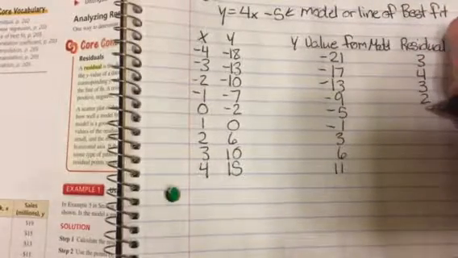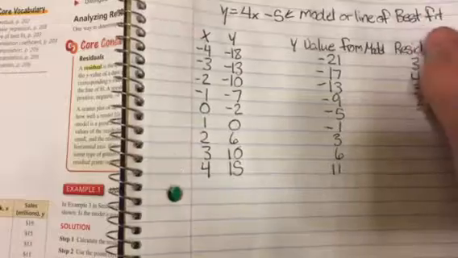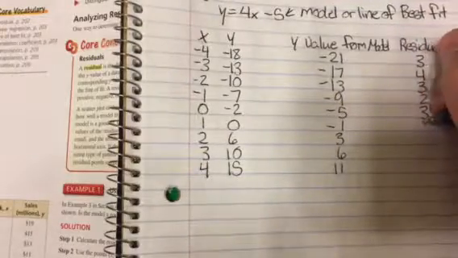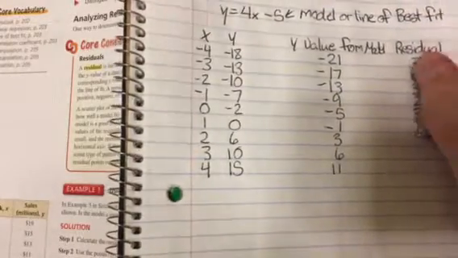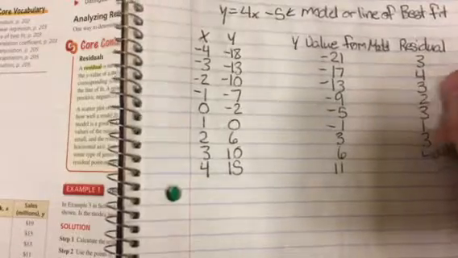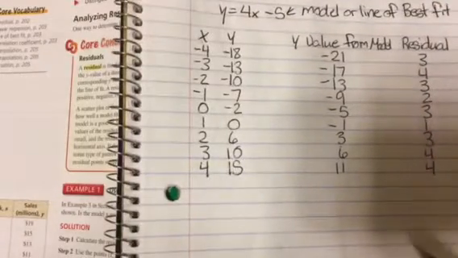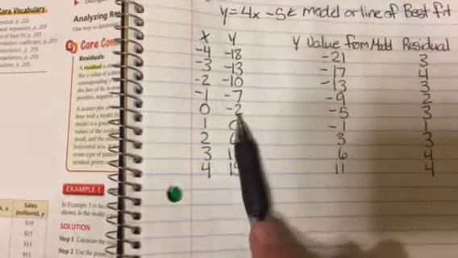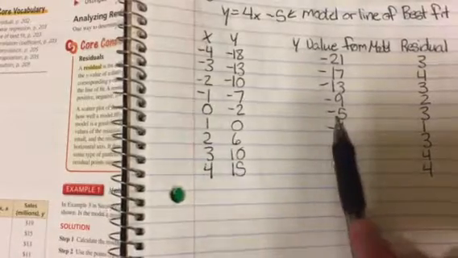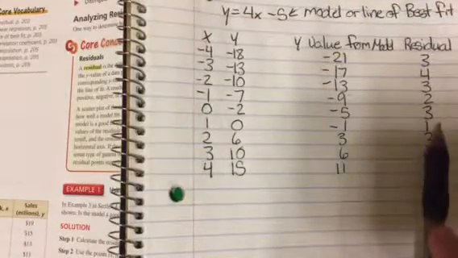And the rest of these values are 3, 1, 3, 4, and 4. So go ahead and take the -2 minus the -5, which gives you 3.